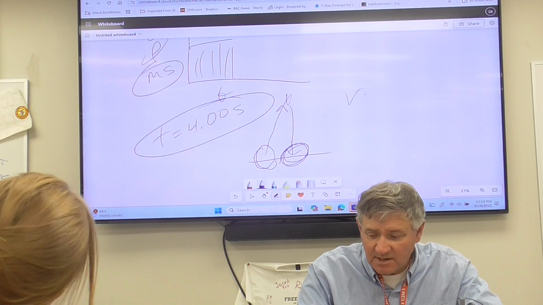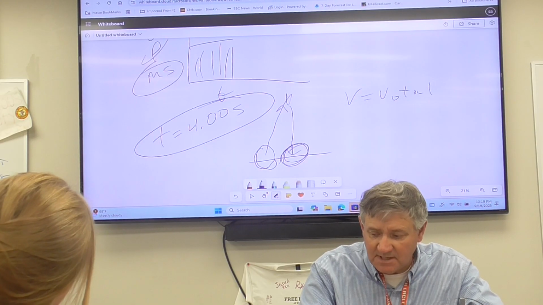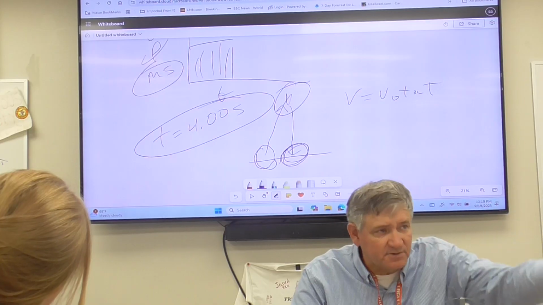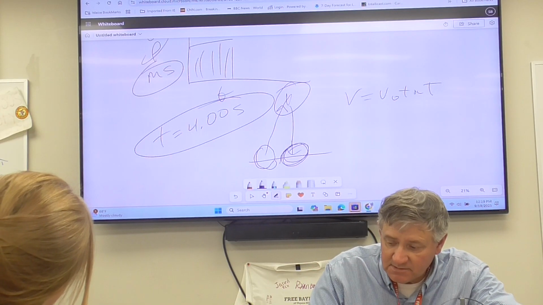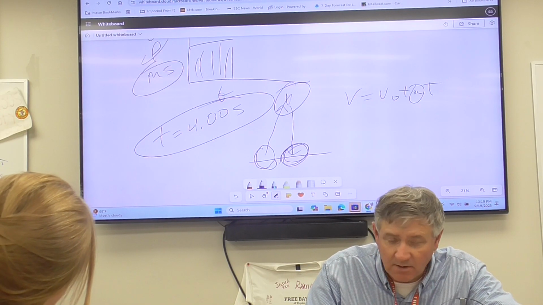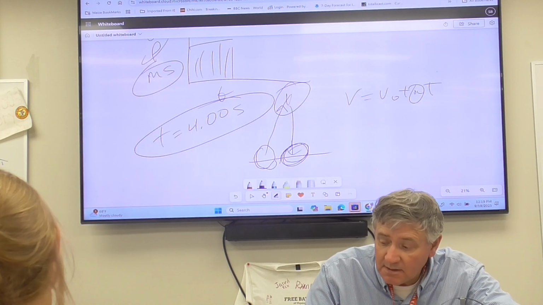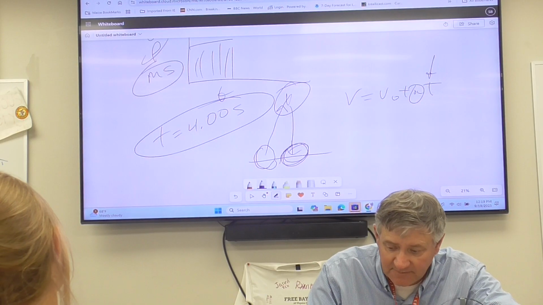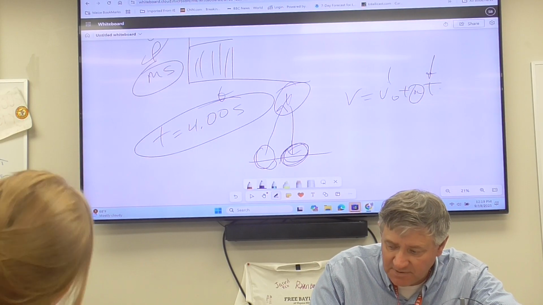Opposite signs. Because you have v equals v naught plus at. So if you want to look at this on the way down, what's your initial velocity? 0. Acceleration is going to be negative. And you're going to use the total time or half the time? Half the time, because that's what you're going to find.